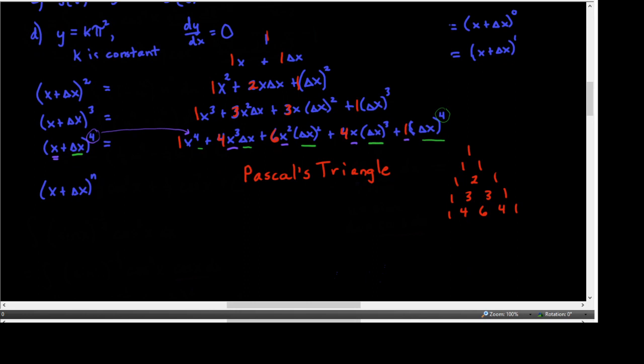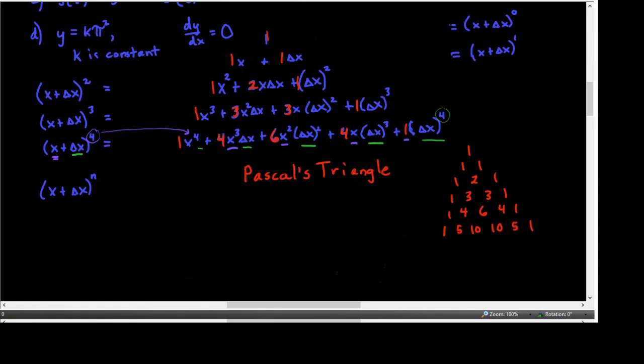Well, I'm going to do the next one and see if you figured it out. The next one is 1, 5, 10, 10, 5, and 1. What am I doing to produce that?